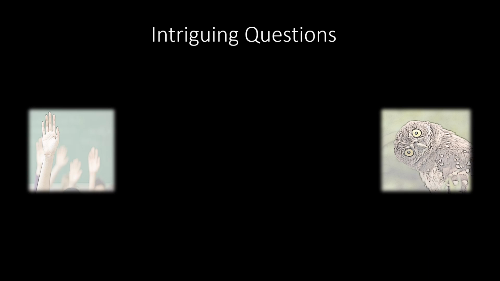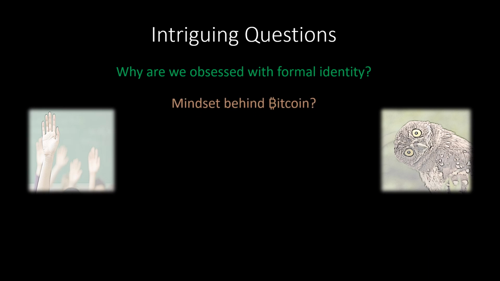After having spent a lot of time and research on Satoshi Nakamoto and the origins of Bitcoin, I really arrived at the question: why are we, as you prove by following this video, so obsessed about the formal identity of Satoshi Nakamoto, the name written in his passport?